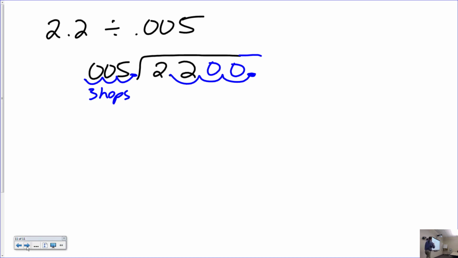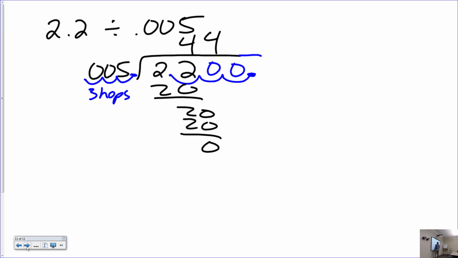All right? And this one should be relatively quick, right? How many times does 5 go into 22? 4. How many times does 5 go into 20? Just don't forget you haven't made it to the decimal point yet, right? Here's the decimal point. Don't forget that 0 that comes out after the 4, right?